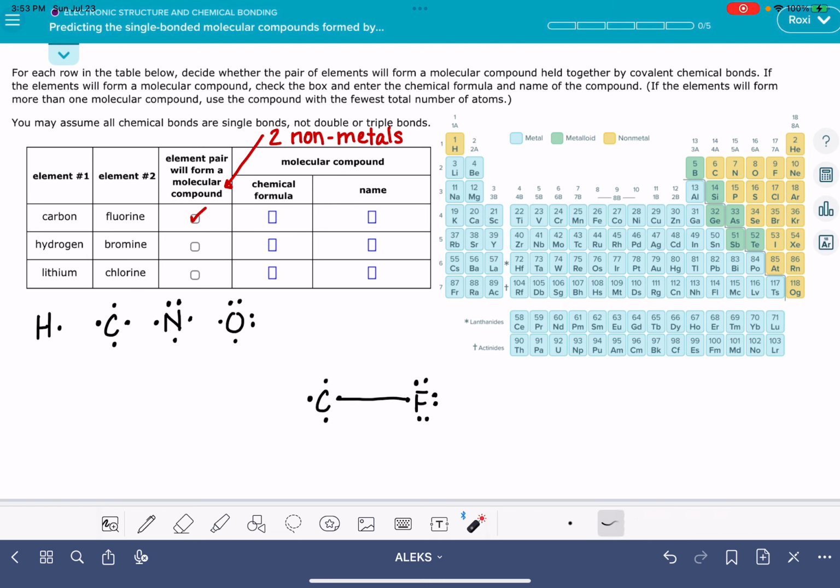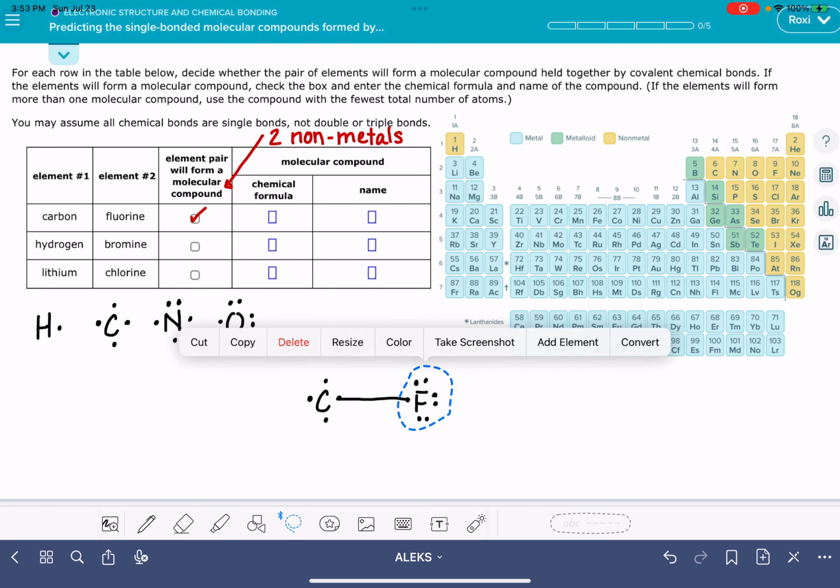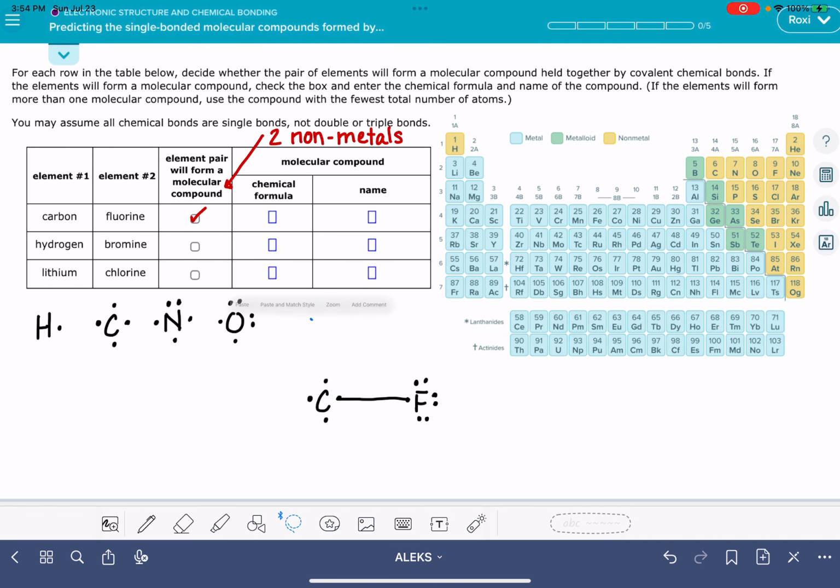And I have another single electron on the carbon, and that just simply means that I need another fluorine. Oh, I just really stole my fluorine from myself, so I put that fluorine back. Since I have another single electron on the carbon, I'm going to need another fluorine. Stick it right there. And we're going to form another bond between the carbon and the fluorine. That's really ugly, but that's okay.